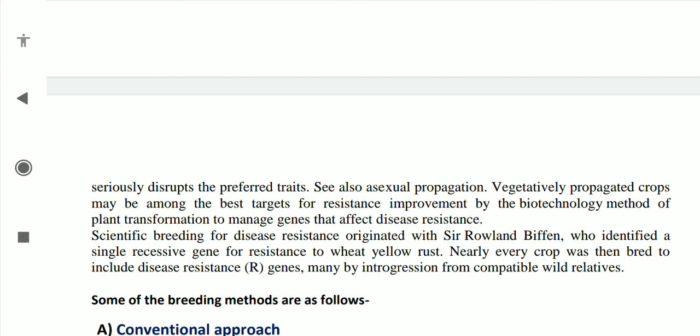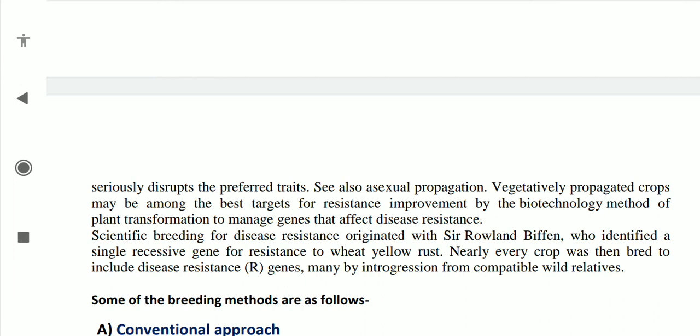Vegetatively propagated crops may be among the best targets for resistance improvement by the biotechnology method of plant transformation to manage genes that affect disease resistance. Thus, we had seen for sexual reproduction methods, the hybridization or breeding methods are most common, whereas in vegetatively propagated plants, biotechnology is the main method for the transformation or the development of disease resistant plants.